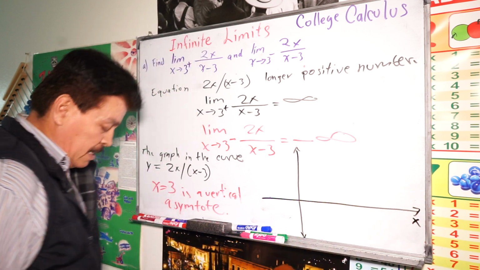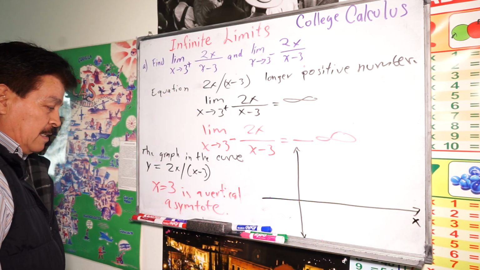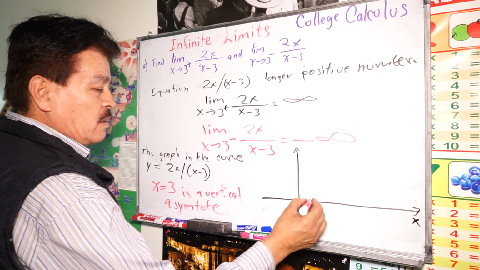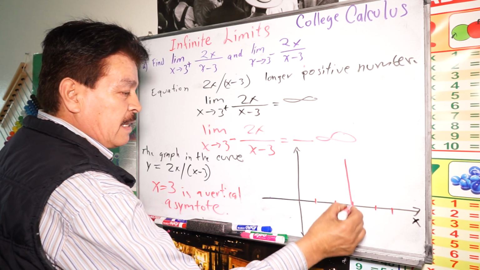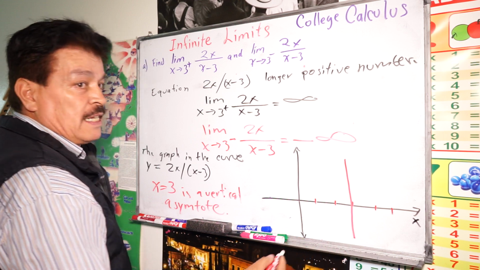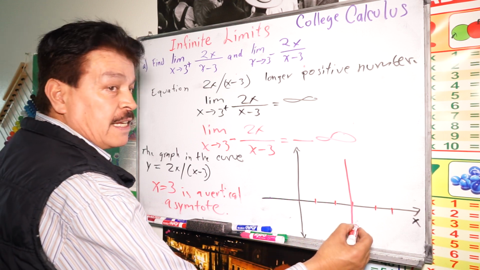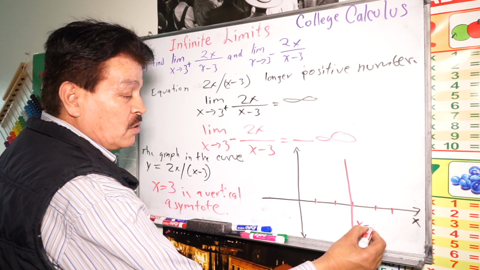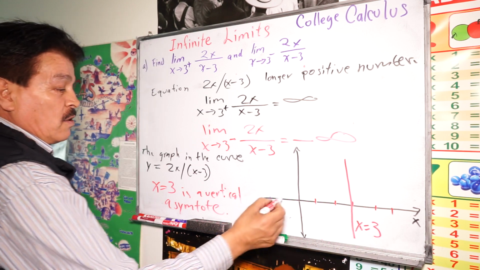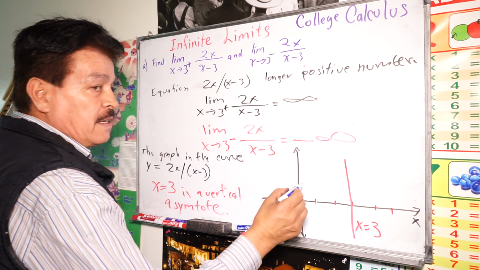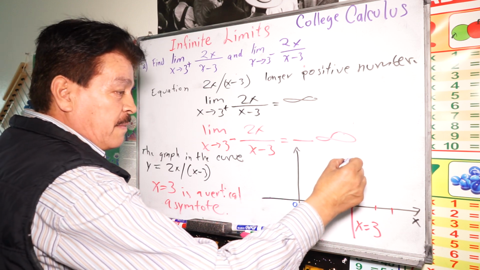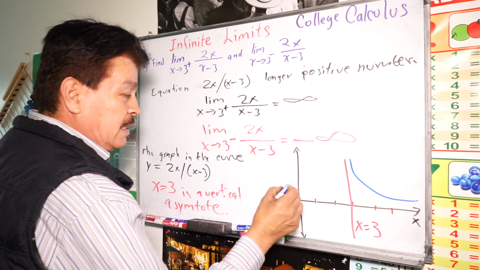x, and then the asymptote is 1, 2, 3, 4, 5. So at 3 right here, the asymptote line is right here. So this is x equals 3, right? This is the origin here. So let's draw the graph. So like this.